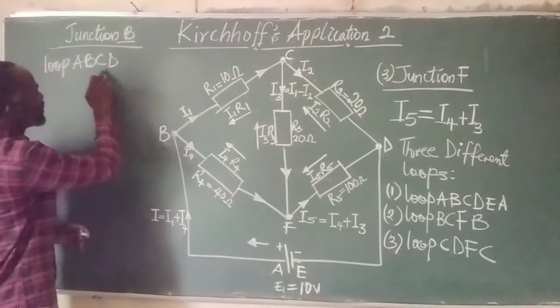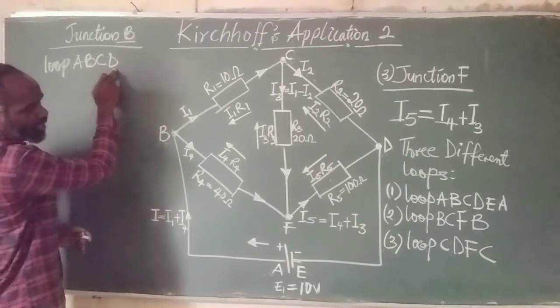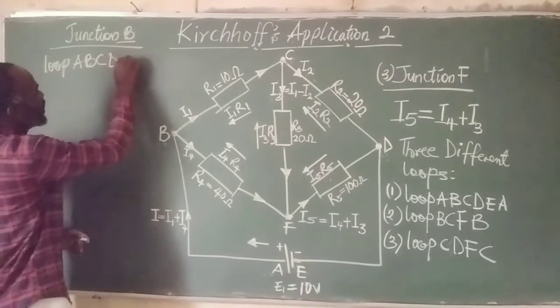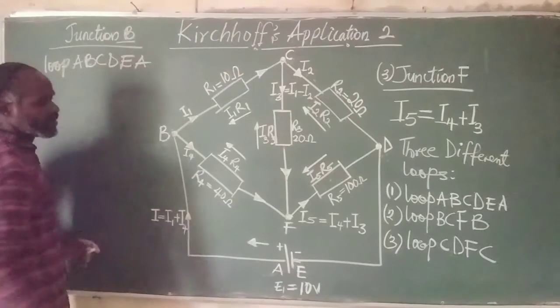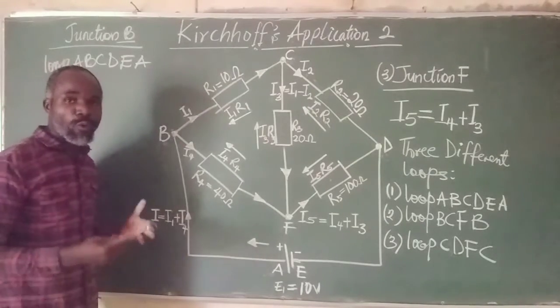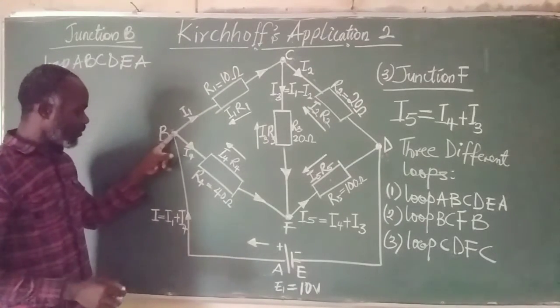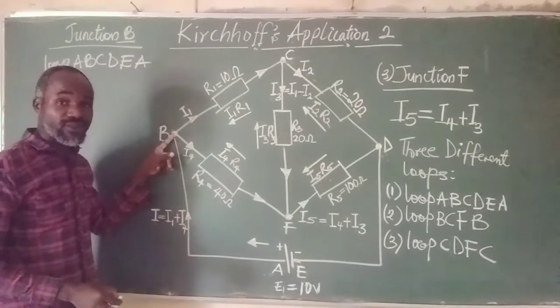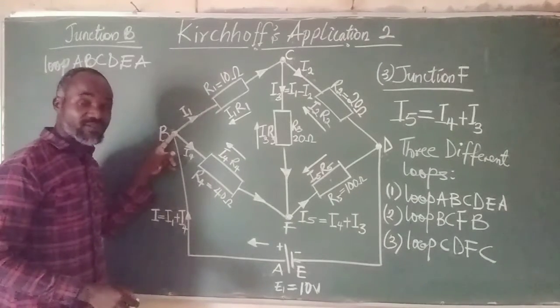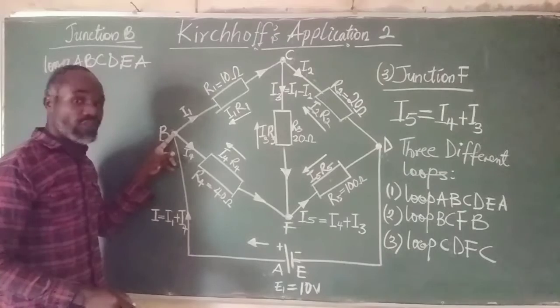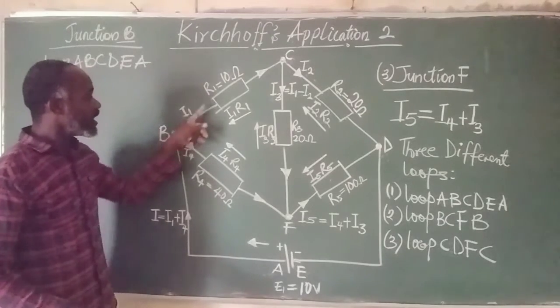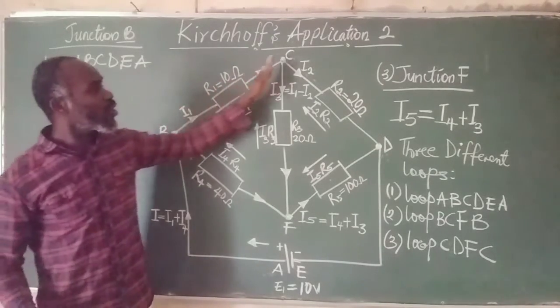Now, C, D, and then we have E, and finally back to A, right? So if we quickly trace this, let's take from here. That's the junction I'm talking about. If we take from this point or junction, our direction is going clockwise.